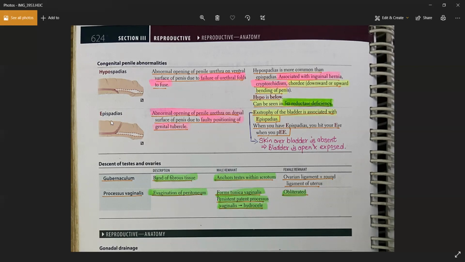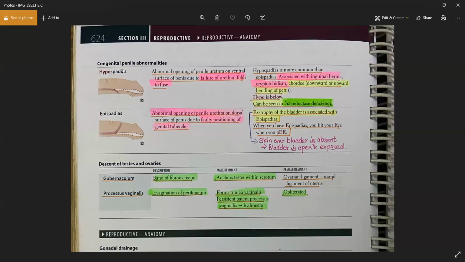If you have an improper position of the genital tubercle, which forms the glans penis and the corpora, you can end up having an opening of the urethra on the upper, dorsal surface of the penis.